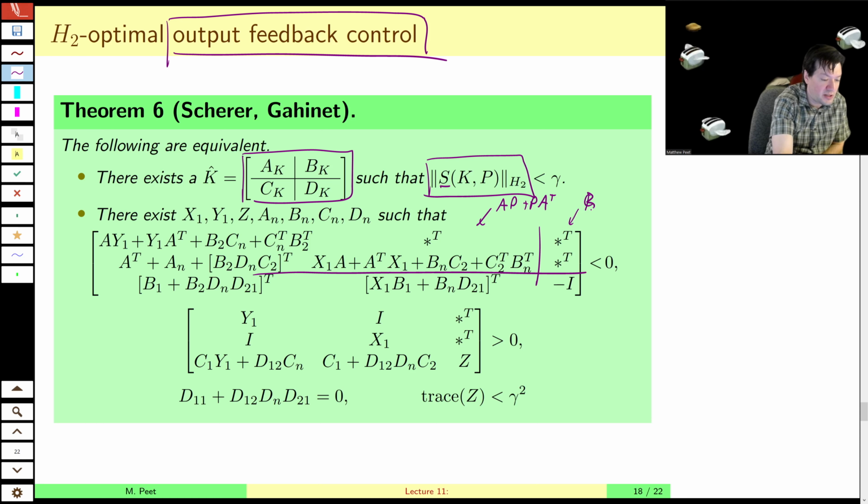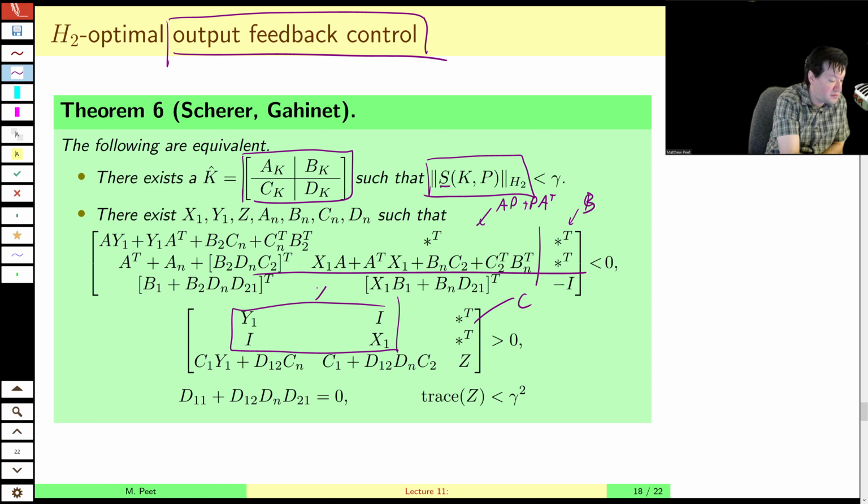That was the B block, and here's the C block, and this is the X block. And if we apply the half-dual transformation to this system as well, we get more or less the same matrix terms as we had for the H-infinity control problem.